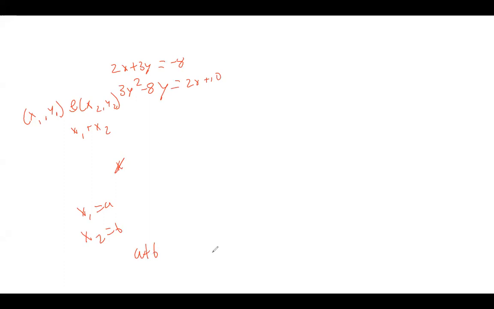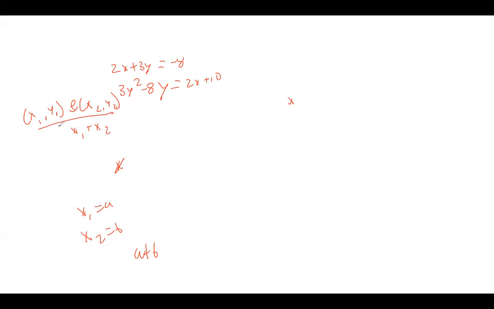Do you guys understand? So basically you're trying to find the two x's that work in the solutions. So there's two solutions: x1 comma y1 and x2 comma y2.